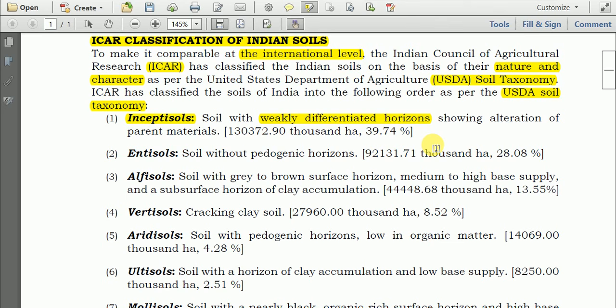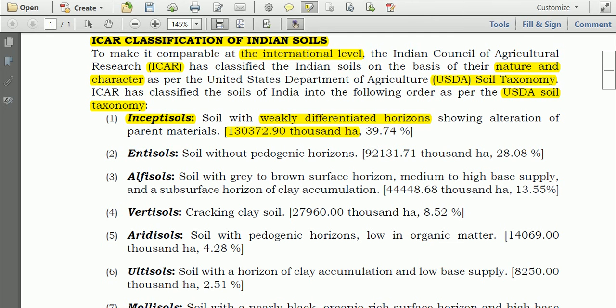This type of soil, Inceptisols, covers 1,30,372.90 thousand hectares. It is given in thousand hectares, that is, 1,30,372.90 thousand hectares. And it shares 39.74% of soils coverage in India.